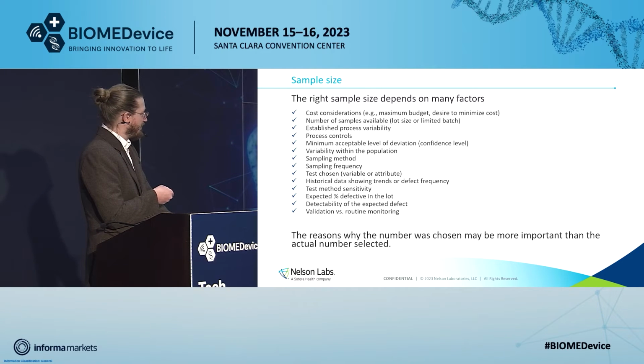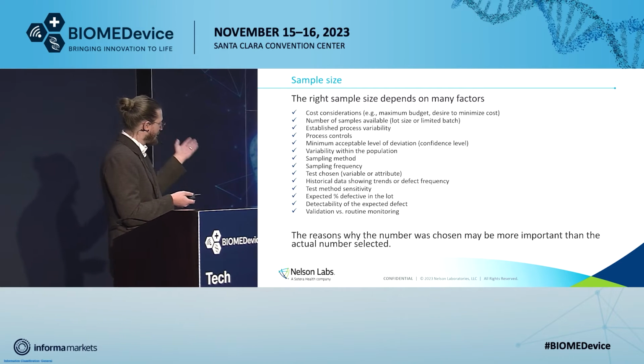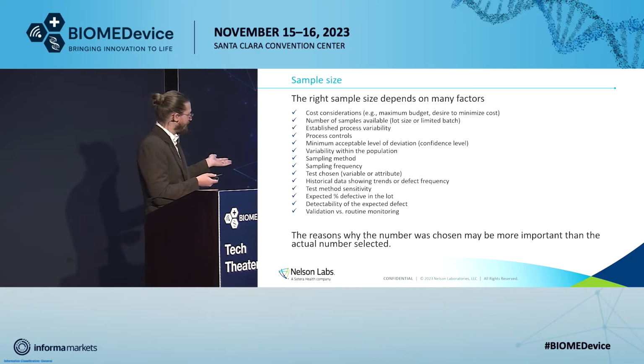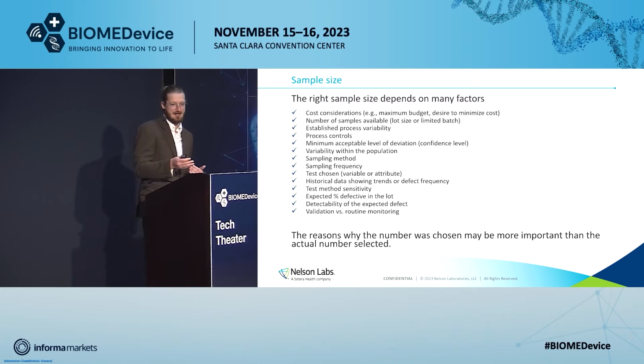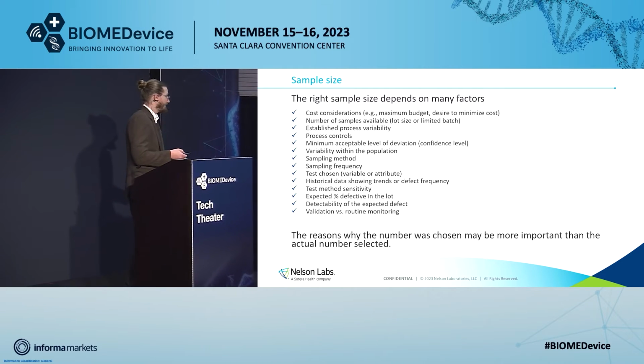If you have variability in the population, you might need to increase your sample size. So you can read the rest of these and kind of infer what does contribute positively or what detracts from your sample size. But at the end of the day, there's a lot that goes into it, right?